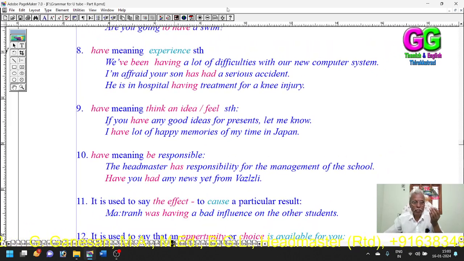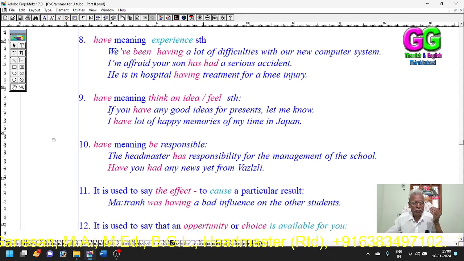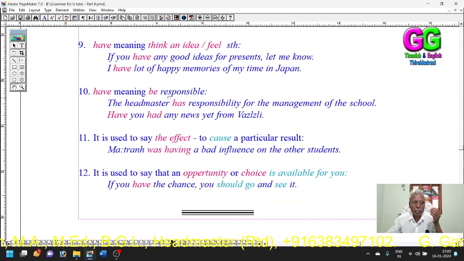Then have, meaning think an idea or feel something. If you have any good ideas for persons, let me know. I have a lot of happy memories of my time in Japan. Then have meaning be responsible.